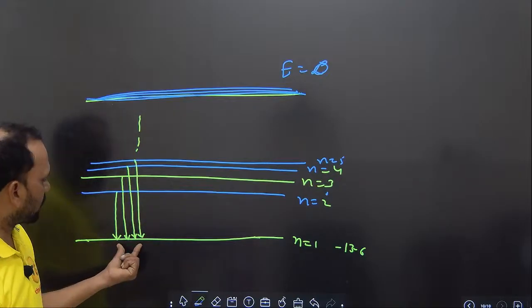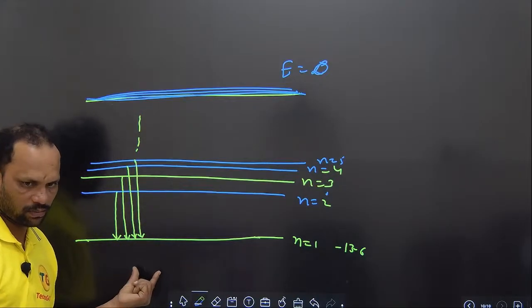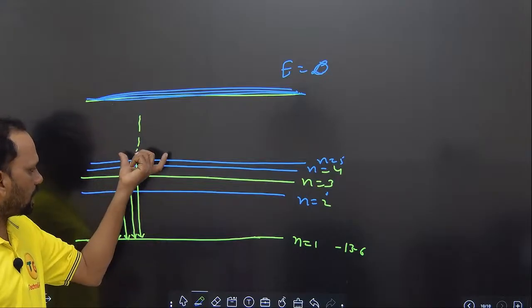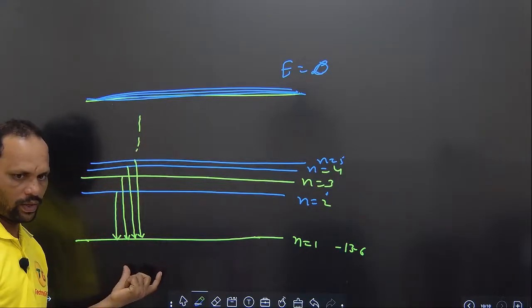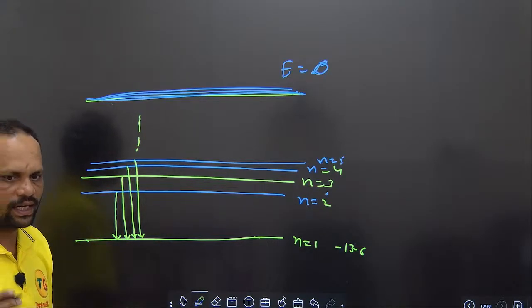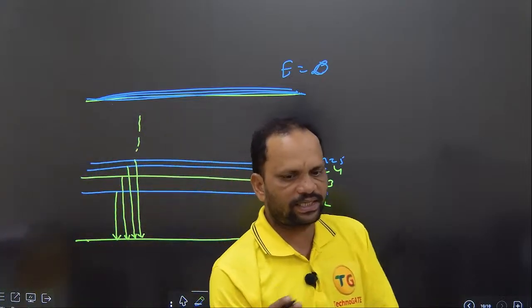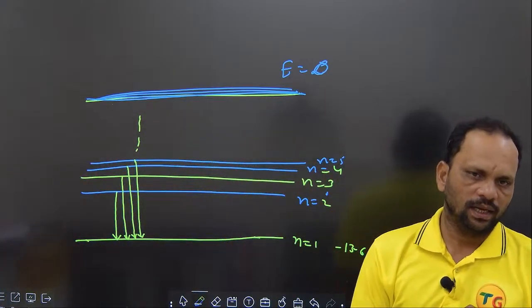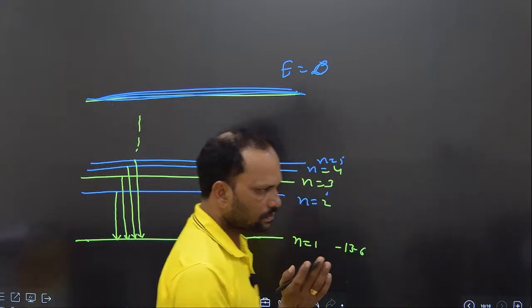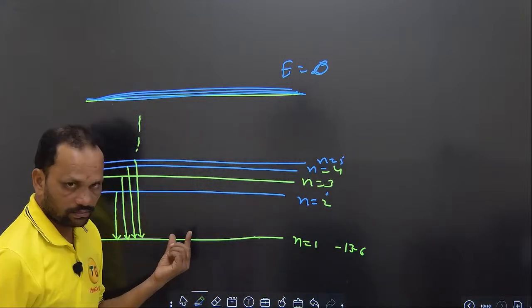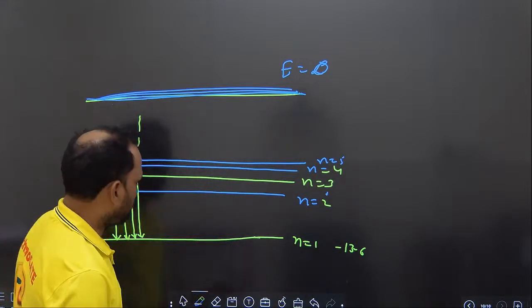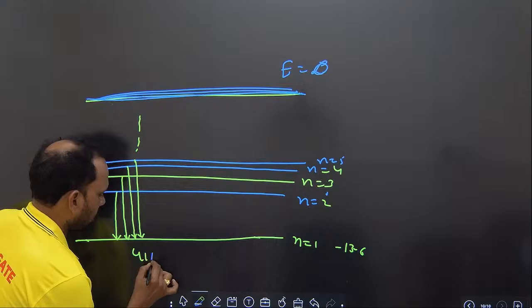If you observe this spectrum, this is called the hydrogen spectrum. Here the electron jumps from the higher orbit to the lower orbit and emits energy. That energy is in the ultraviolet region.